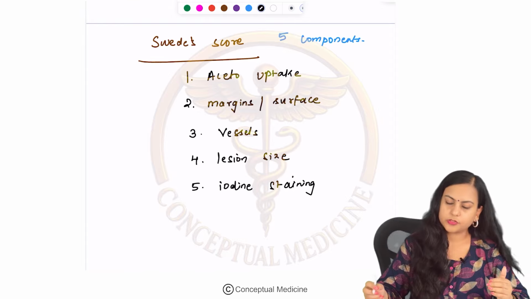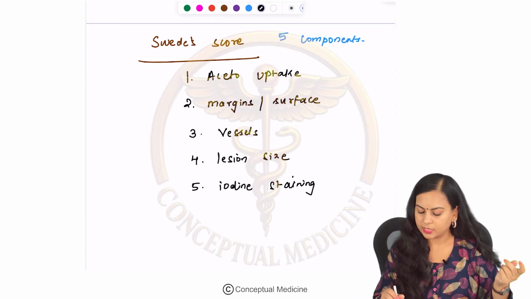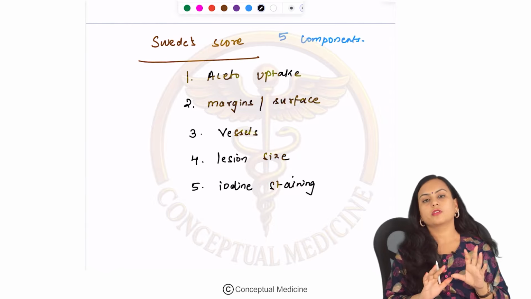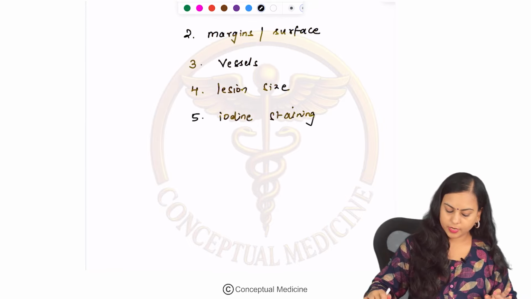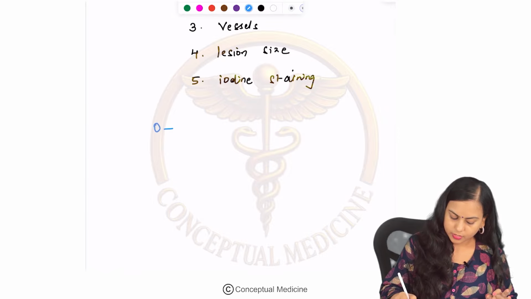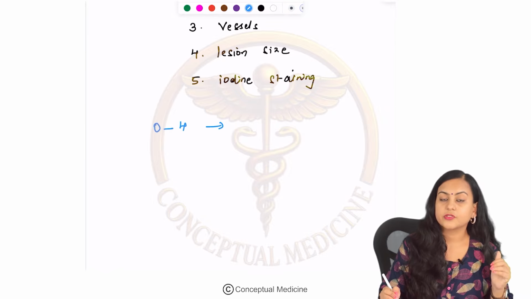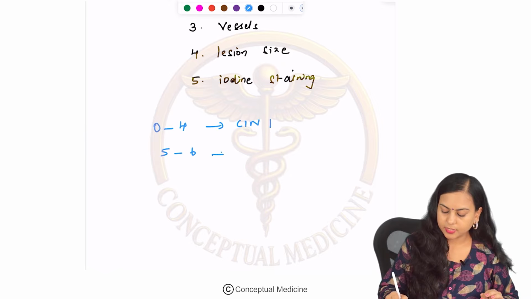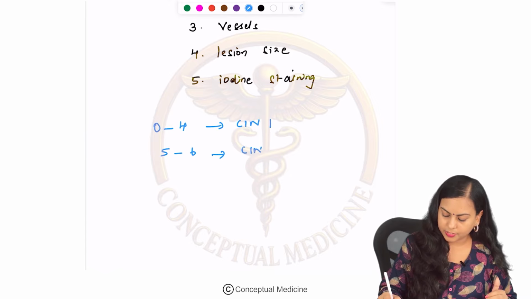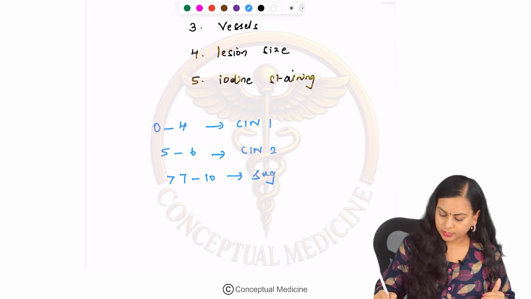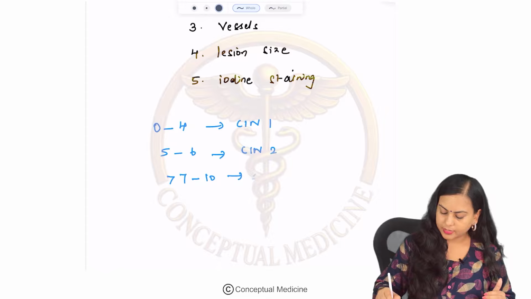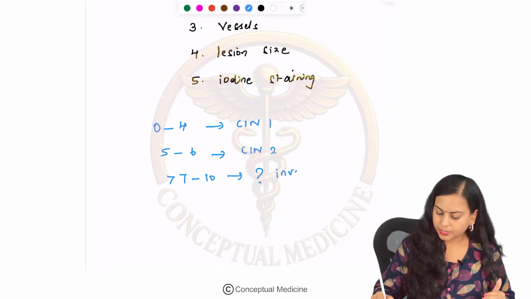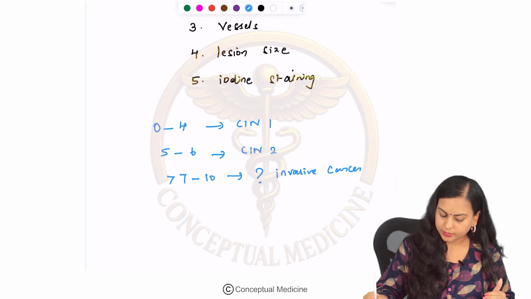So, acetowhite uptake and iodine staining, vessels we have seen, and you have to check the lesion size and the margin or surface of the lesion. This is called the Swede score. If the score is 0 to 4, it is interpreted as a low grade lesion or CIN1. If the score is 5 to 6, it is a high grade lesion or CIN2. And if it is 7 to 10, it is interpreted as a very high grade lesion, or a suspected case of invasive cancer.